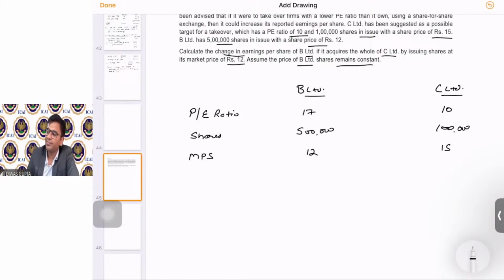So if we have to calculate the earnings, then we have to use the P/E ratio, right?